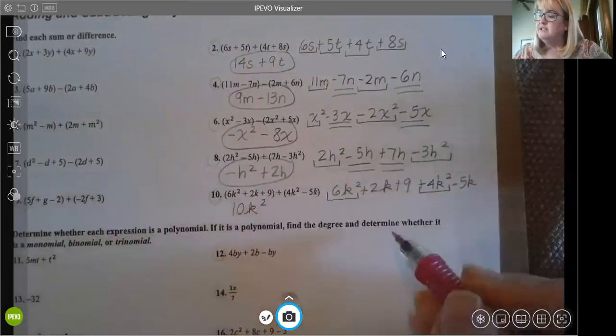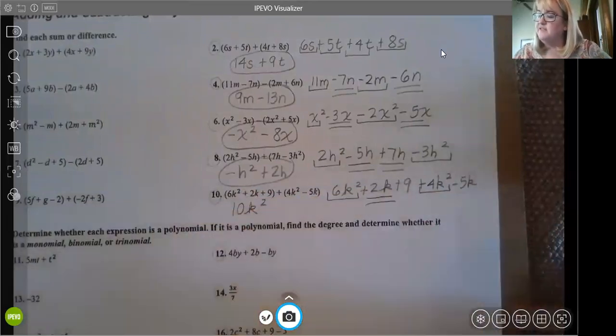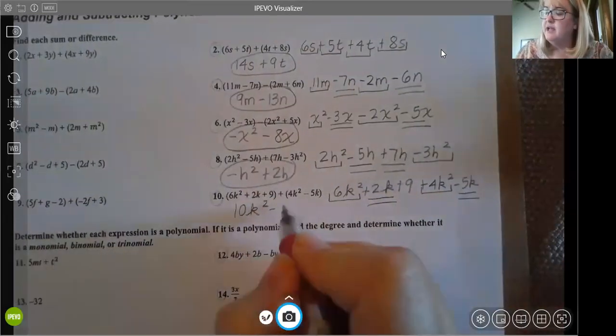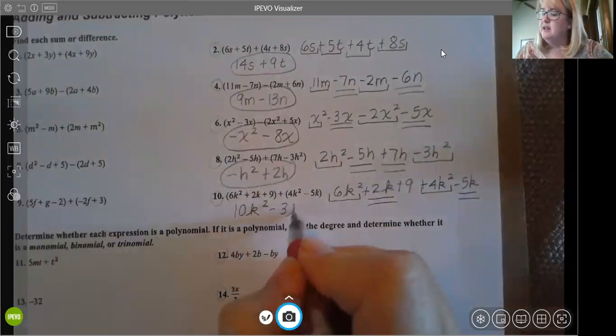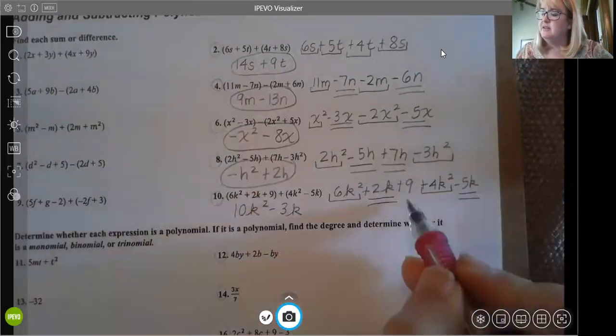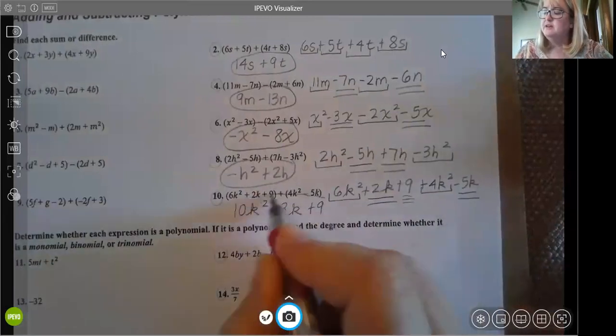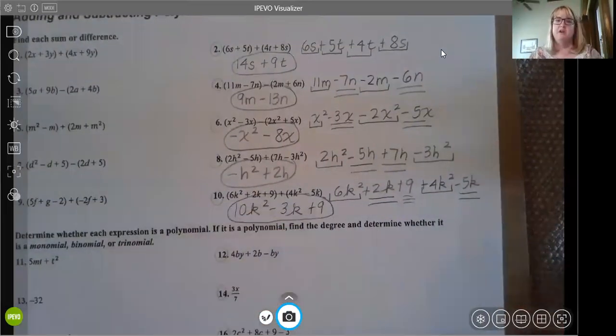And then I've got plus 2k minus 5k, which is negative 3k. And then I've got this plus 9 just hanging out there, so I need to be sure to add that to it. So there is our answer for the first part. I think it's pretty self-explanatory.